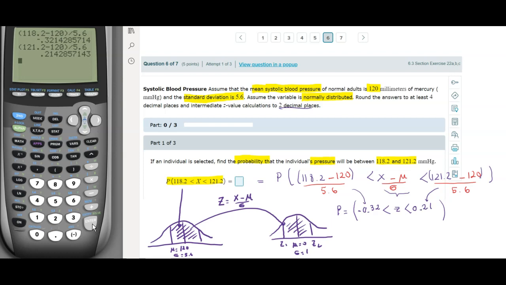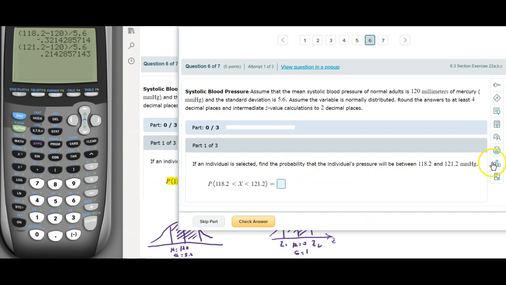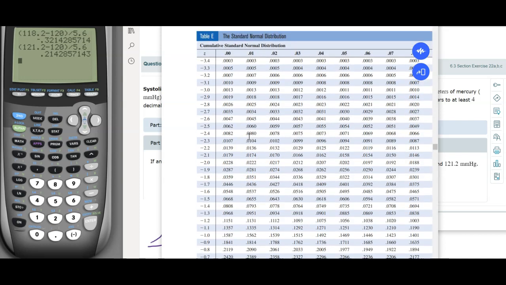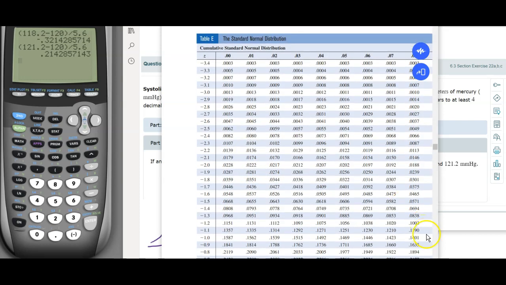Great. The reason we standardize this is that the standard normal distribution always comes with a table. So we're going back to the question and pulling out the table. You can find it here, and you read the values as they are.